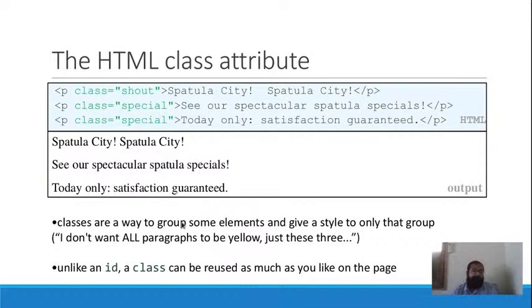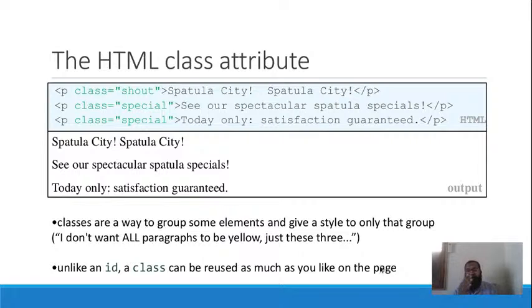Classes are a way to group some elements and give a style to only that group. I don't want all paragraphs to be yellow, just these three. So if you use this particular class with the p tag, it will be shown in a different styling. The class can be reused as much as you like on a particular page.